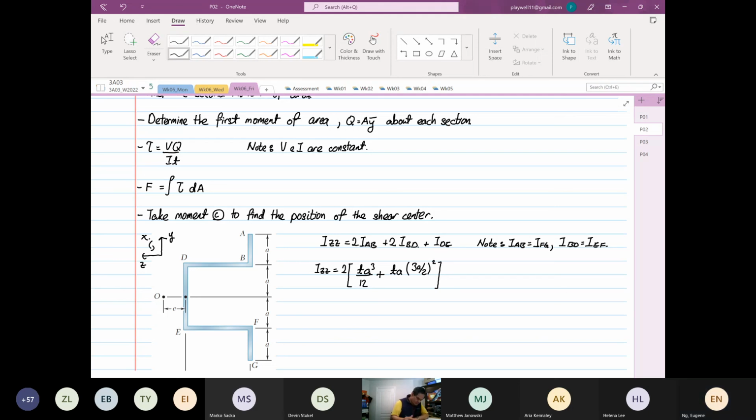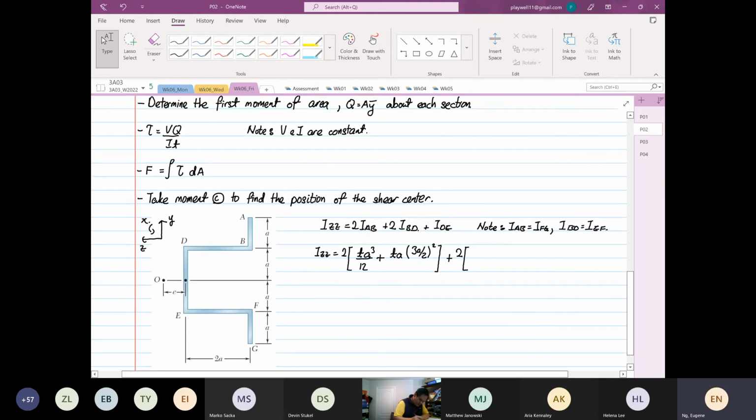Then the next one, plus twice again. Now the width is 2A, T cube over 12, and then plus 2A, the width is 2A multiplied by T, and then the distance is A squared.